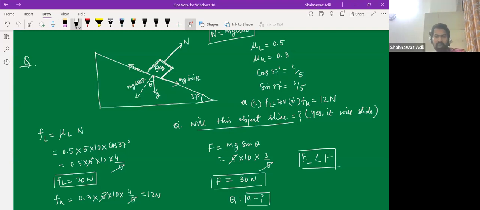That is why mu L and mu K are important, because whenever we calculate motion, we have to use these. Whenever we have to check whether motion is happening, we have to take this one. That is why these two are important. You first note it down, and then tell me about the acceleration.